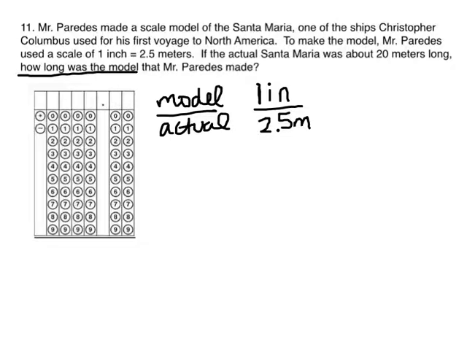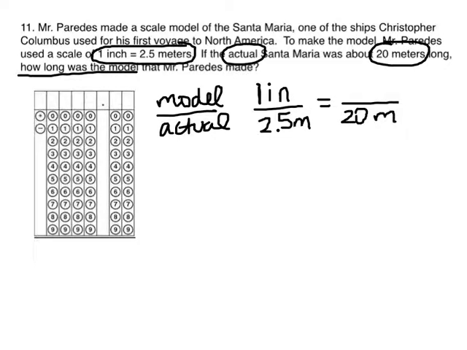It says that the actual is 20 meters long. So I'm looking for meters. Meters is here with 2.5. And I know that the actual goes on the bottom, so it's 20 meters. And we're looking for the model, so I'm going to put x there.